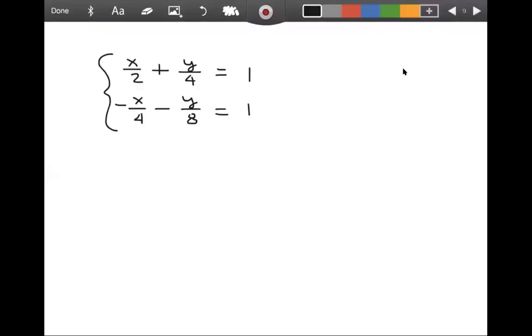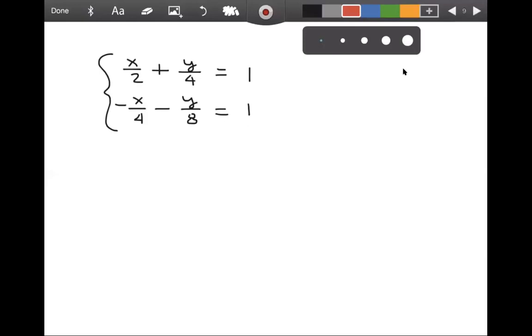All right, next example, we have x over 2 plus y over 4 equals 1, and negative x over 4 minus y over 8 equals 1. Whenever one or both of the equations have fractions in them, I definitely recommend multiplying both sides of each equation by its LCD in order to get rid of those fractions.